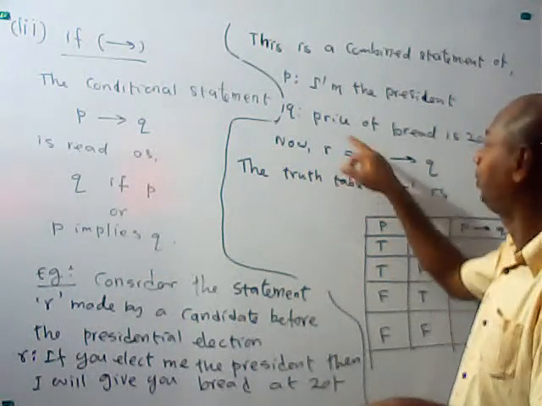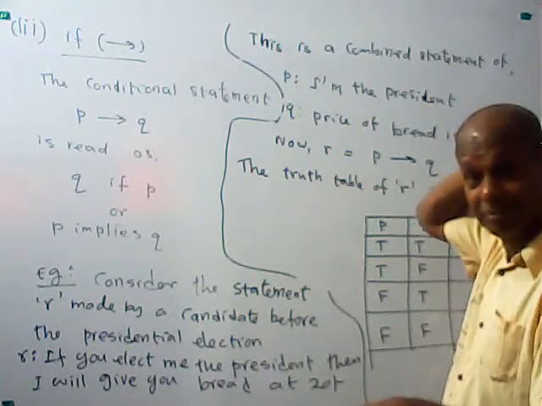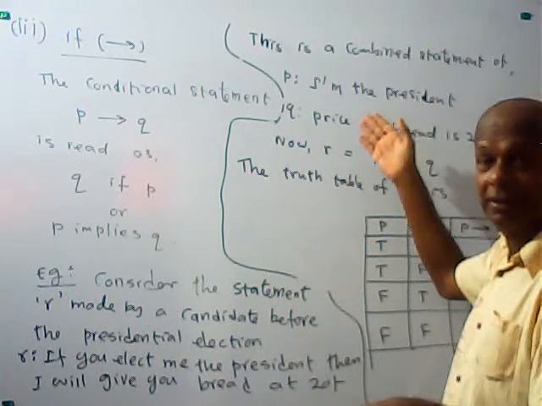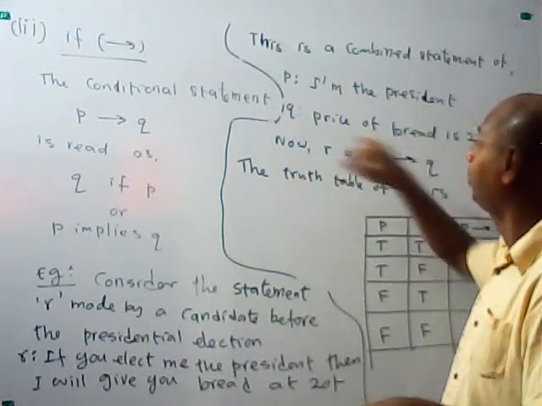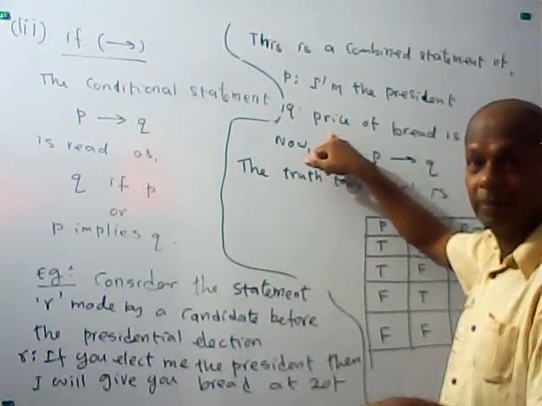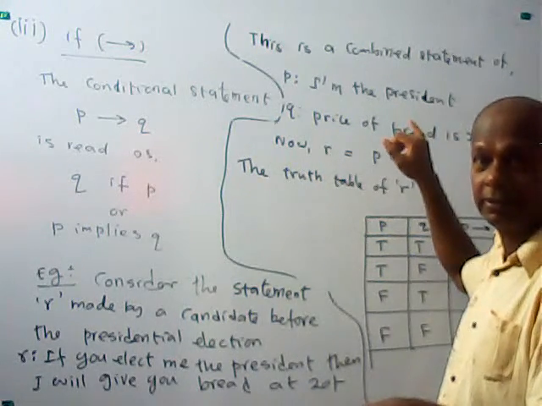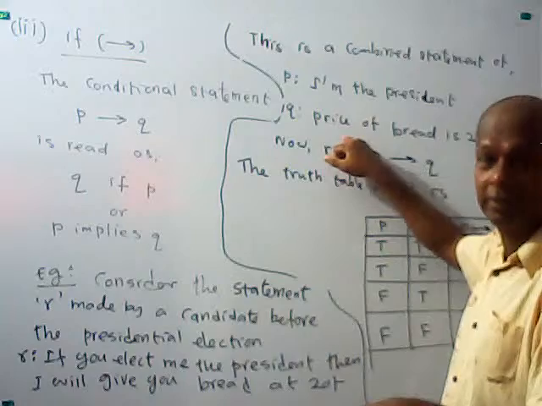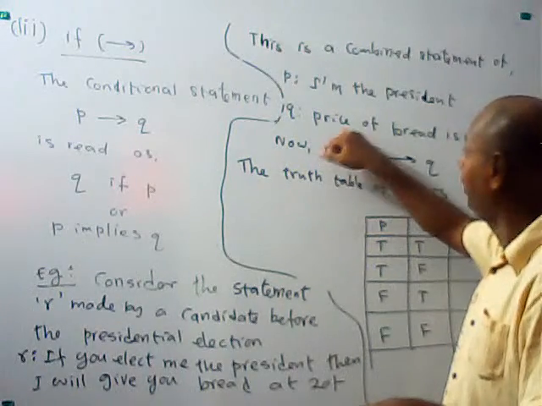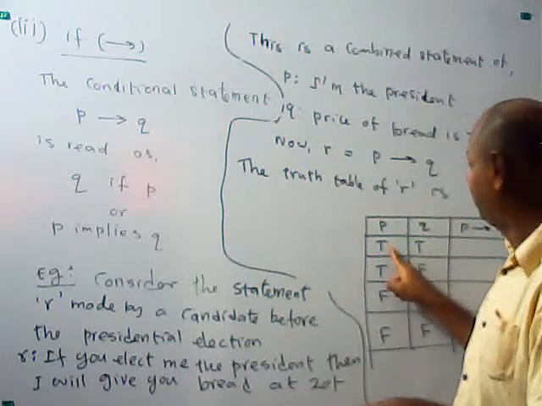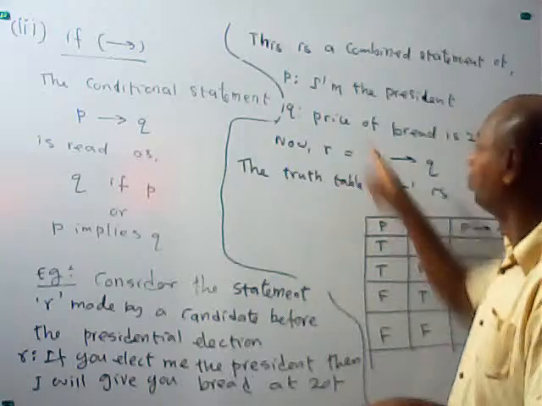Then you go to the bakery shop and ask the price of bread, and they say it is 20 rupees. So I am the president, P is true.